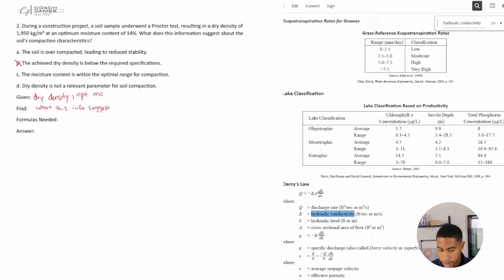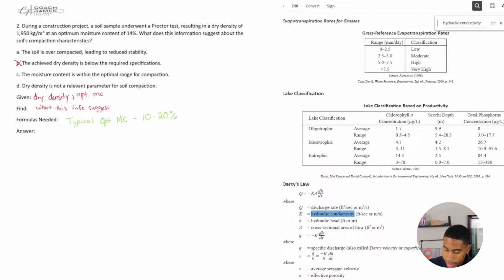So some things that I wanted to bring to your attention is that when you get an optimum moisture content of 14%, typical optimum moisture content is between 10 and 20%. Okay. And so being that they got 14%, that's a good sign, right?